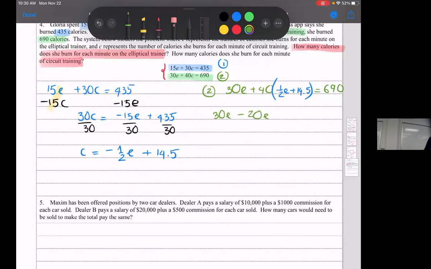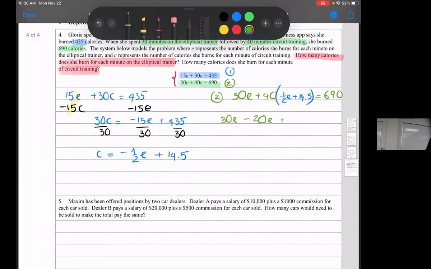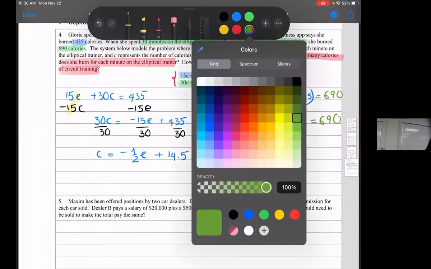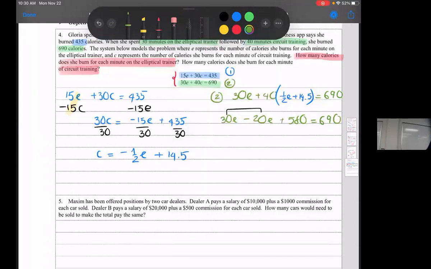I got 580 equals 690. Combine like terms. 10E equal, if I move 580 to the right, what do I have? 110.